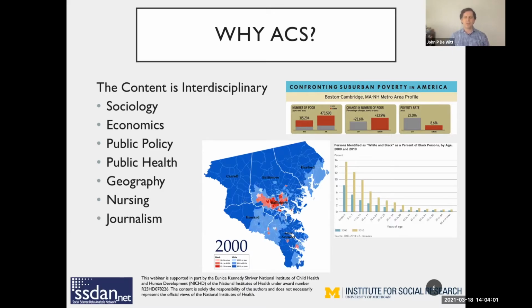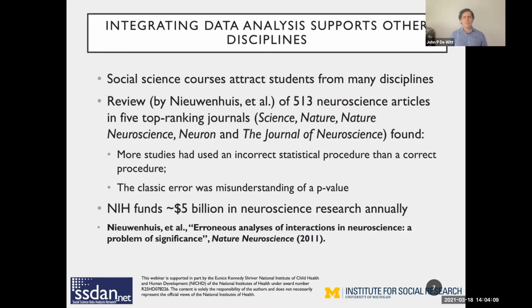The American Community Survey covers a wide range of topics that are really applicable to some of the disciplines that you see listed there. Further, we see the integration of data analysis as really supporting a wide range of disciplines, not only those who major in the social sciences. Social sciences attract students from a wide range of disciplines, including the hard sciences.